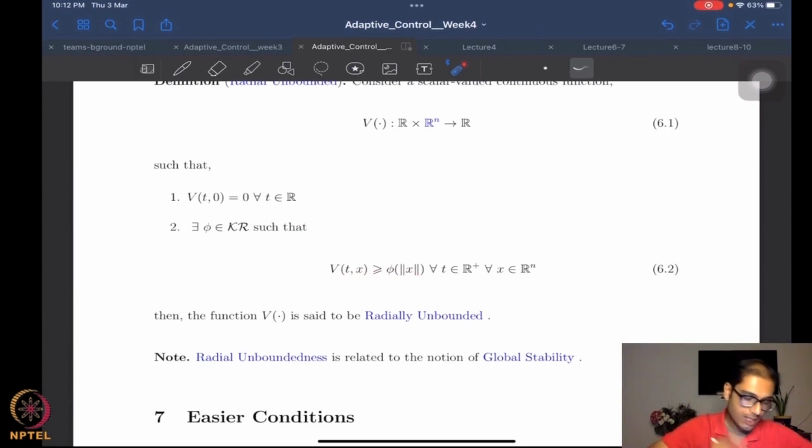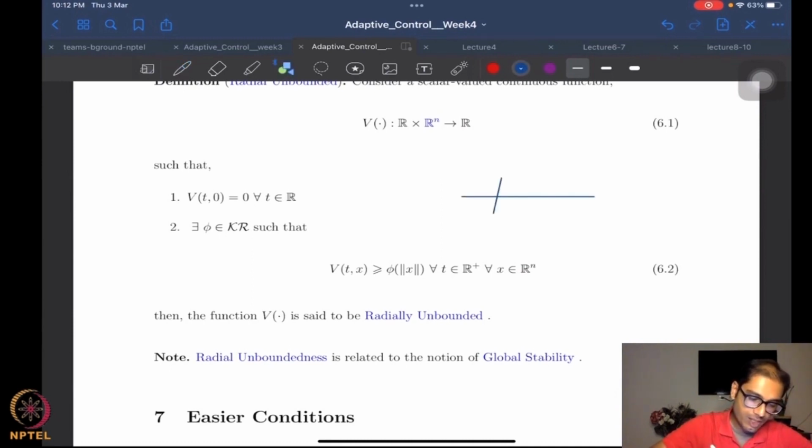Okay, so in the case of positive definiteness, this was a class K function. So what's the difference between a class K and a class K-infinity function? We have in fact seen several examples, right?